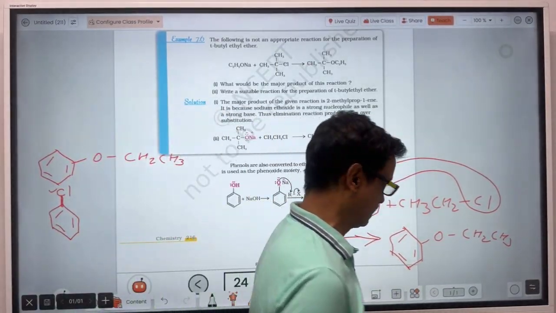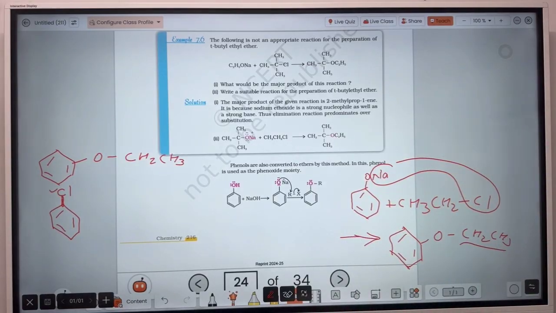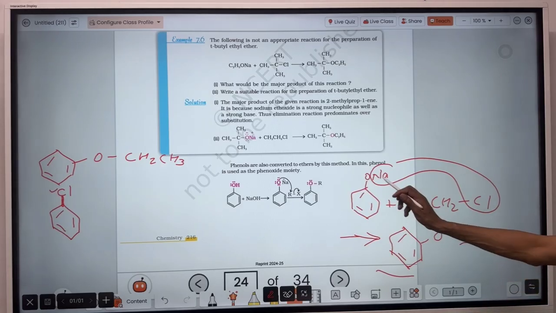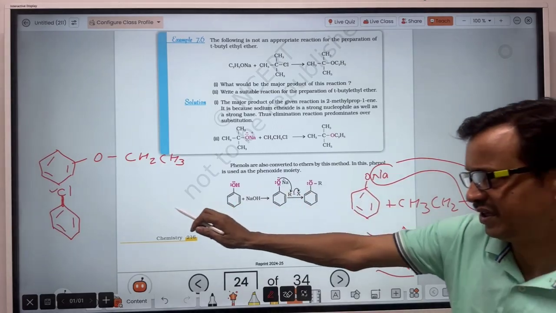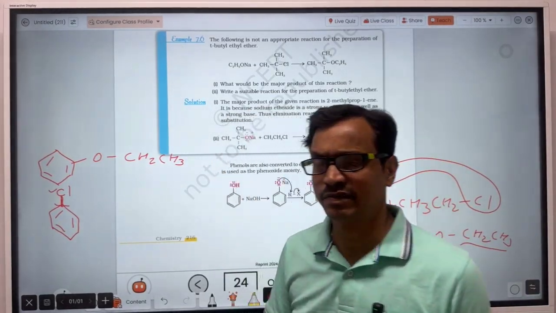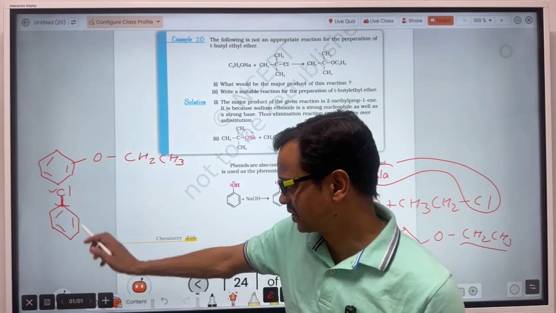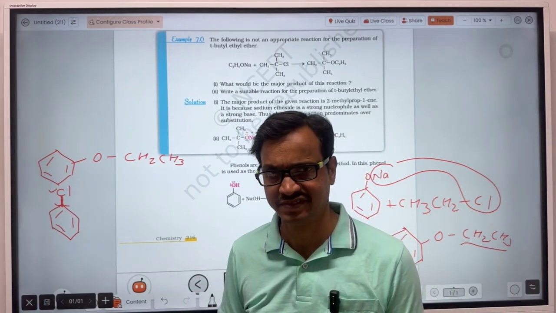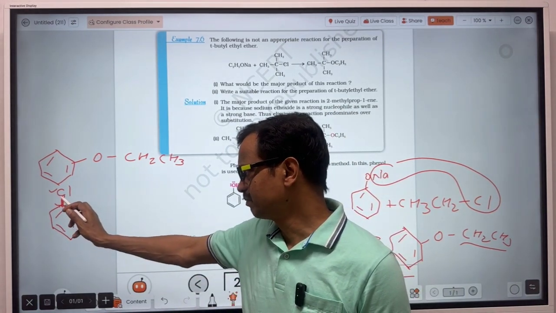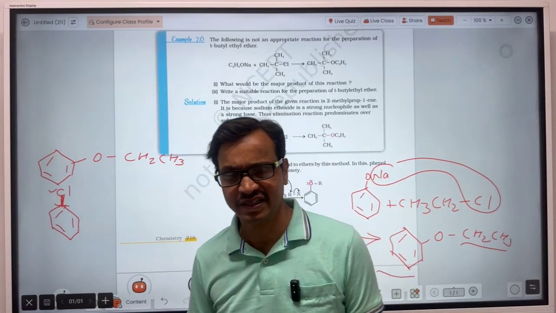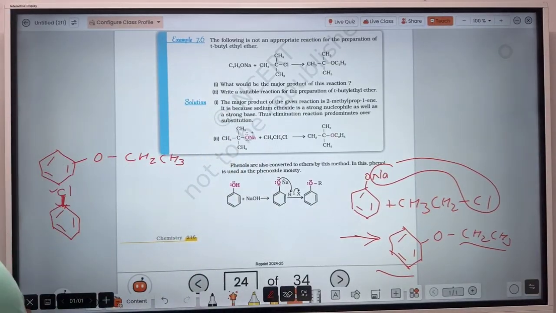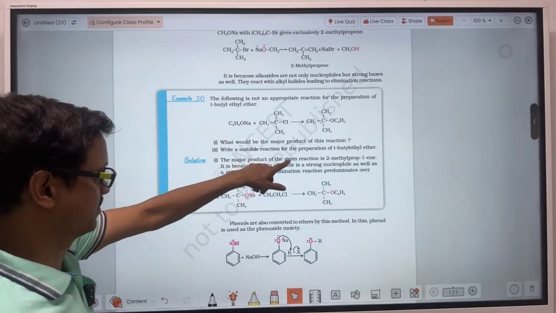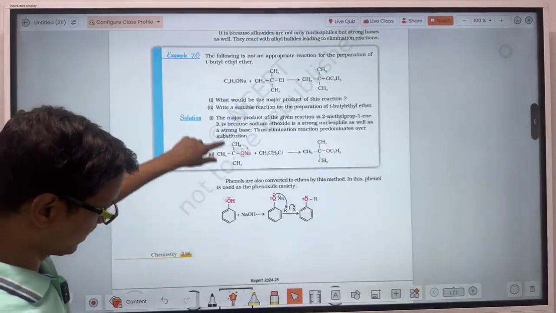When we have to prepare the ether in which there will be an alkyl group on one side and benzene on the other side, then we will have to take sodium phenoxide and haloalkane, because when we take haloarene, there will be a greater requirement of energy to dissociate the carbon halogen bond, because there is partial double bond characteristic between carbon and halogen in case of haloarene. Okay, you may write that off. This question we have already discussed here. This one you could do very easily.